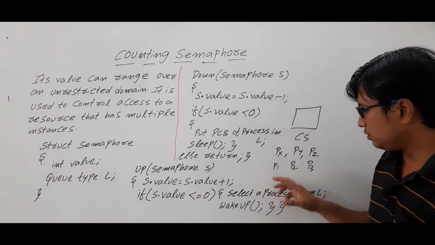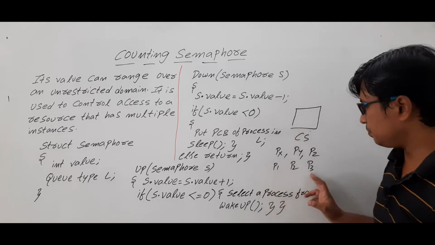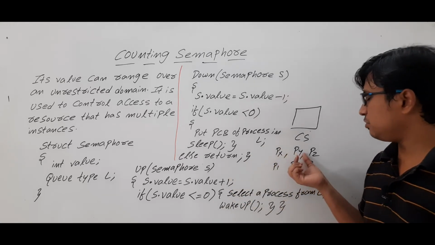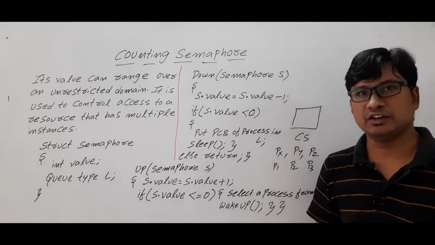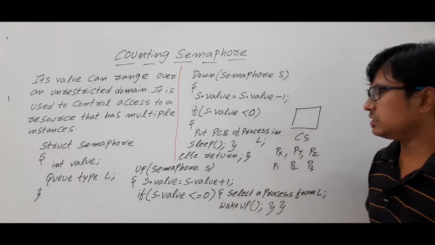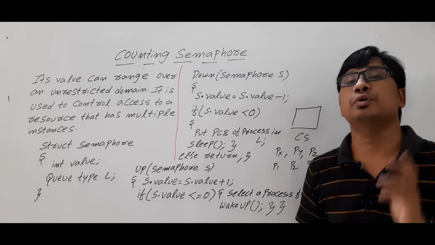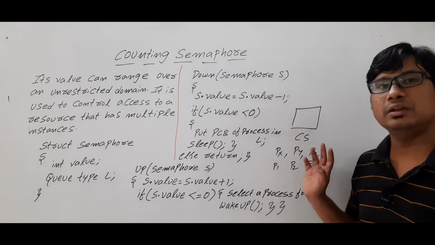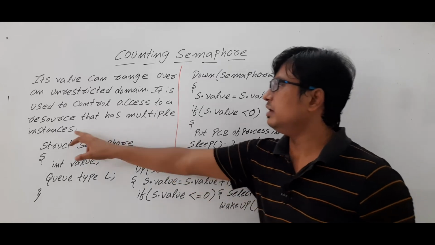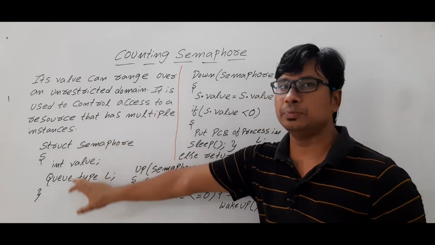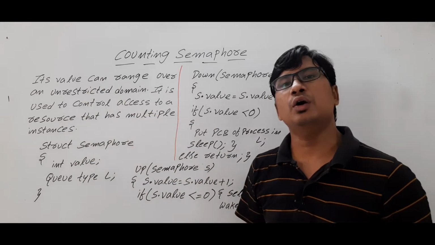So three processes P1, P2, P3 can access the three instances of the printer Px, Py, Pz at a particular instant of time. The meaning is that in the critical section, at a time a maximum of three processes can be there because you have three printers. If you want to control access to a resource that has multiple instances, you can use the counting semaphore.